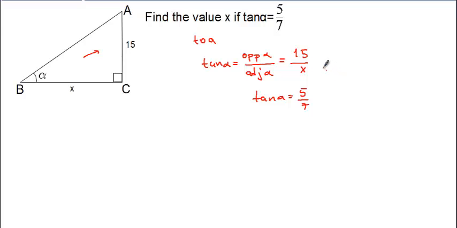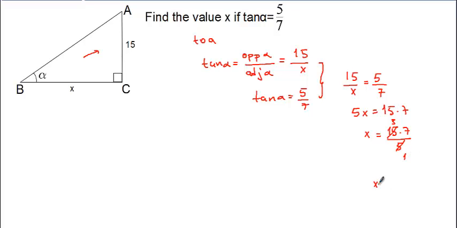So it means that 15 over x is going to be equal to 5 over 7. Then 5x is equal to 15 times 7. I don't want to multiply because I'm going to send this one as a division. X is equal to 15 times 7 over 5. When you simplify this, this is going to be 3, this is going to be 1, and x is equal to 21 over 1, which is equal to 21.